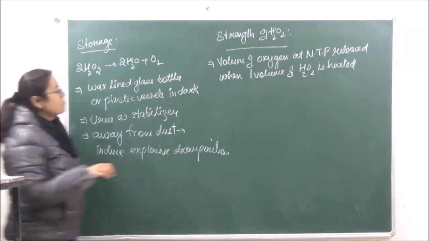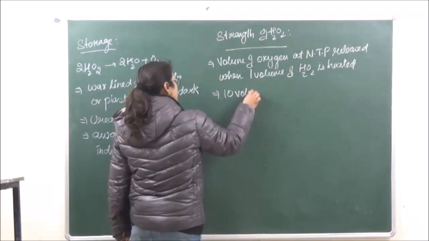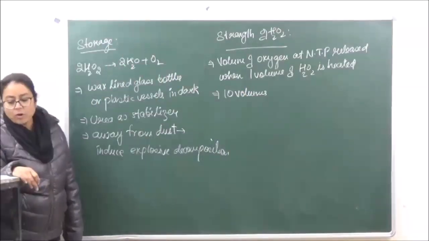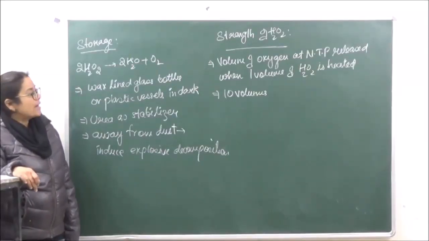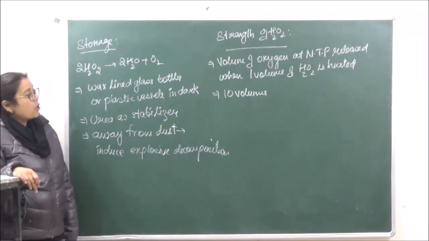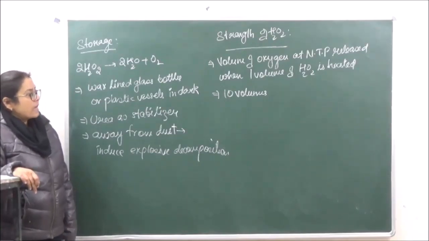Suppose we have 10 volumes of H2O2. That means if we are heating 1 volume of H2O2, that is giving us 10 volumes of oxygen. So the strength of H2O2 is going to be equal to 10 volumes. Have you understood?